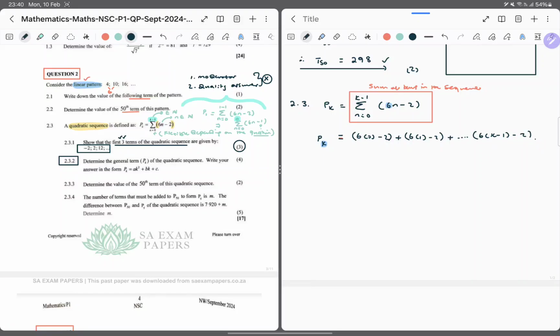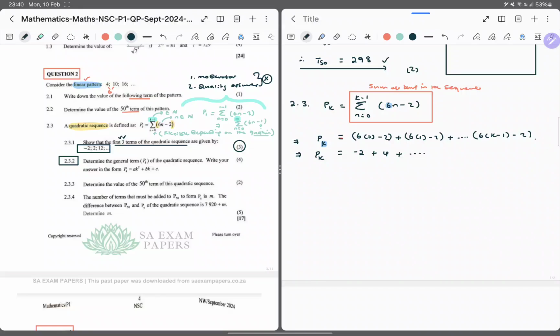This is essentially what this means. And of course, we can simplify further and say P sub k is the sum, and here we get minus 2 plus, 6 minus 2 is 4, and then plus and so on, up until we have the last term.